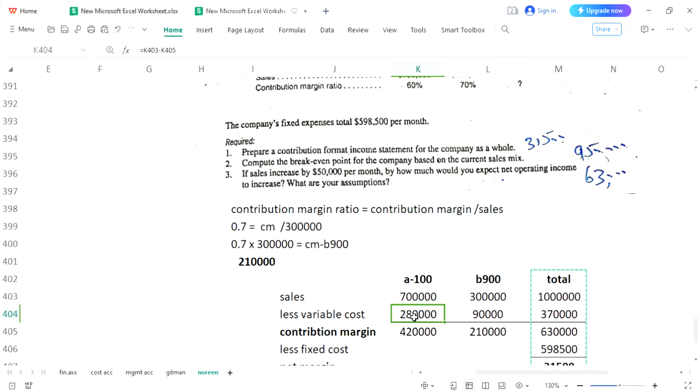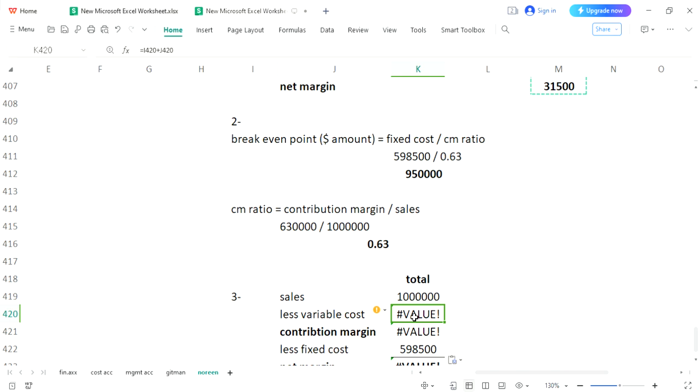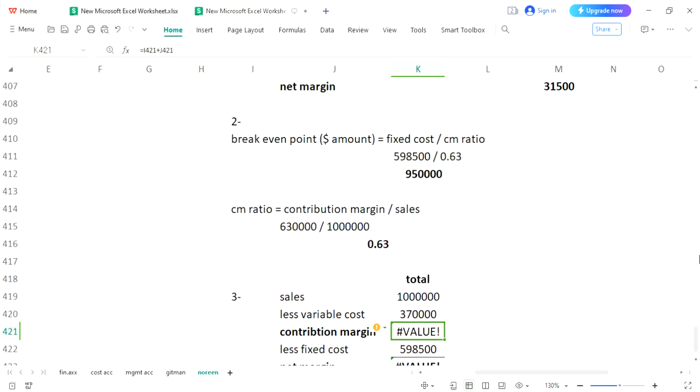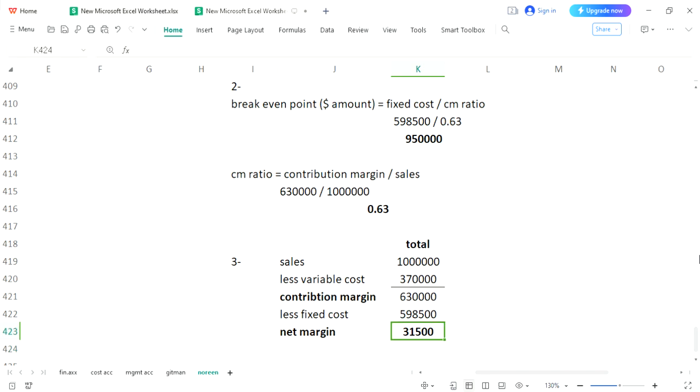Variable cost is 3,70,000. Write down 3,70,000 over here, and then contribution margin was 6,30,000. Okay, this was your old income statement.